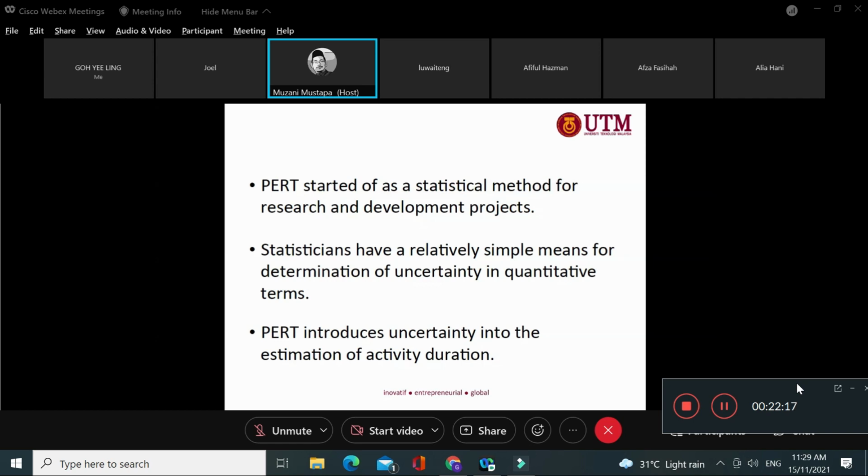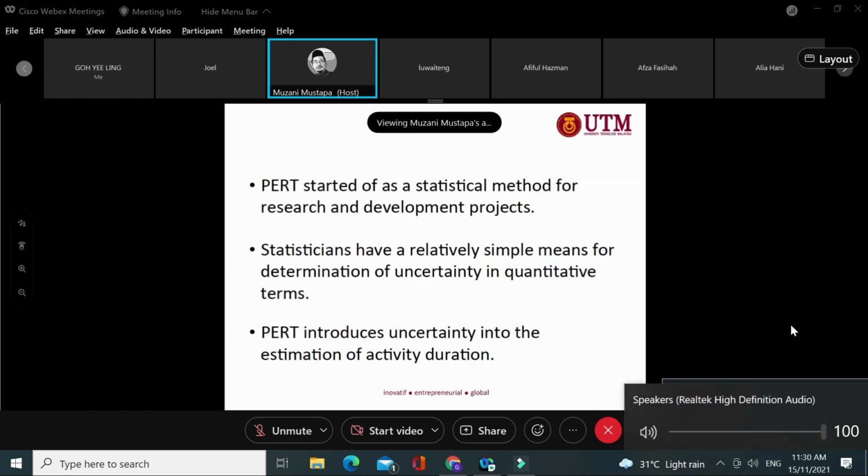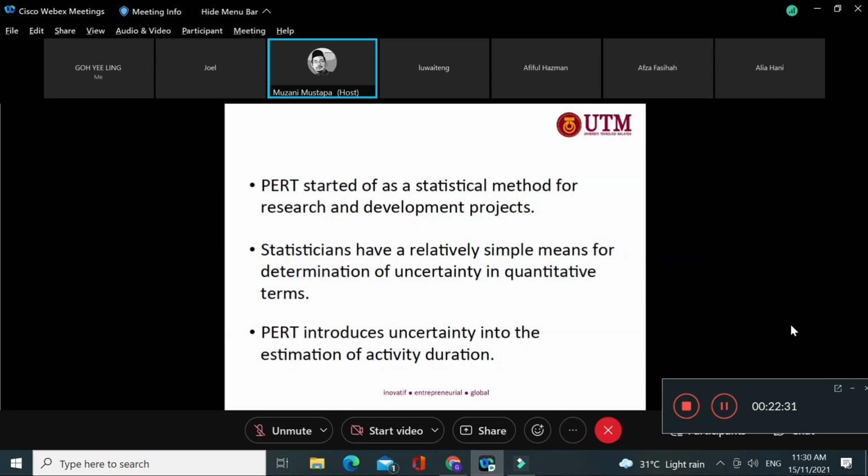So when you talk about uncertainty in duration, we immediately come across the topic we learned previously on probability, under operational research and techniques. So we have probability, decision tree, linear programming, which looks at optimization and so on. So this is the same branch of mathematics.